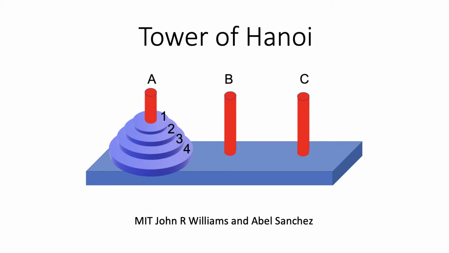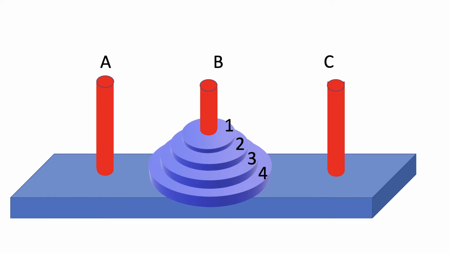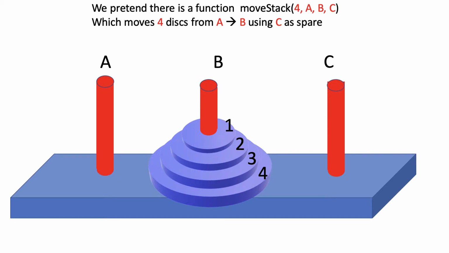So the end condition is that we need to move them all from peg A to peg B. Okay, how are we going to do it? Well, let's pretend that there's a function that we've already got that somehow moves the stack one disc at a time.